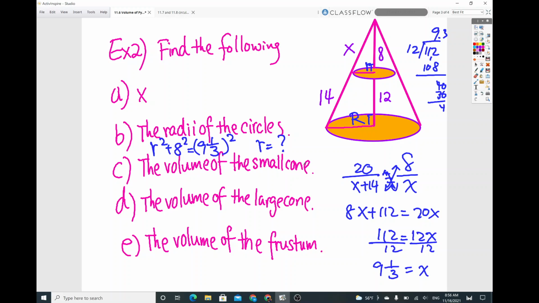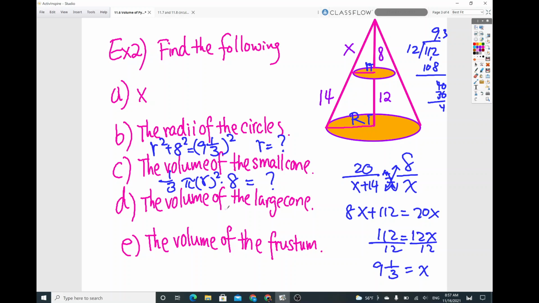Find the volume of the small cone. That one is pretty straightforward, just using that formula: 1/3 times pi times whatever that r is, plug in the number, quantity squared, and then times the height. The height would be 8, and then you'll get the volume of the small cone.